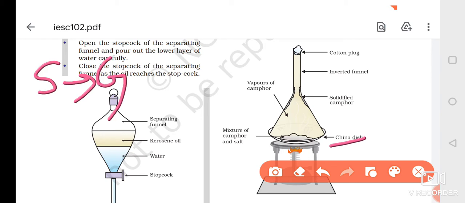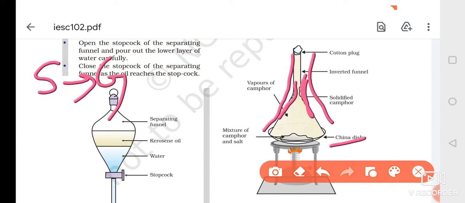When it starts forming vapors, it will move up in the funnel and start condensing. It will collect at the walls of the funnel, forming a layer, and that is how the camphor is separated from its impurity, the salt.